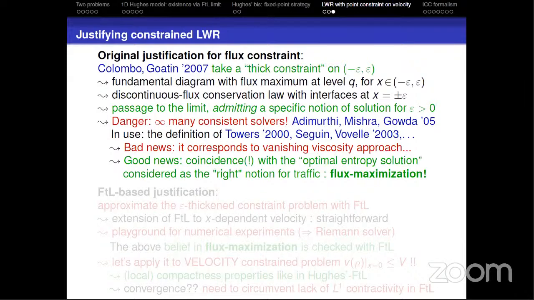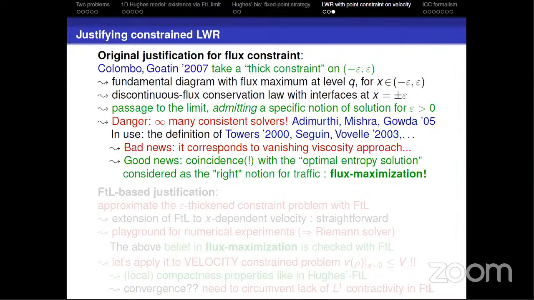And what was used by Rinaldo and Paolo was essentially the definition of solutions that goes back to John Towers' work and then many works of that time, of which I mention Seguin and Vovelle. So lots of works at that time actually used the vanishing viscosity approach.